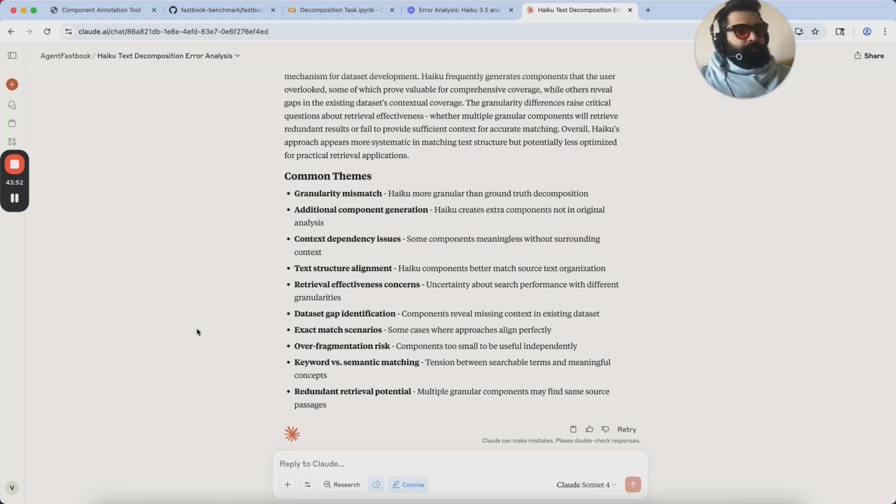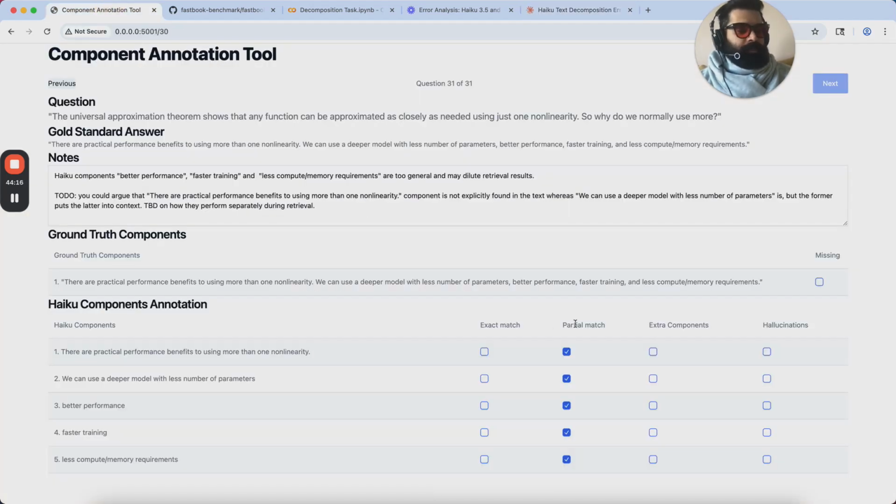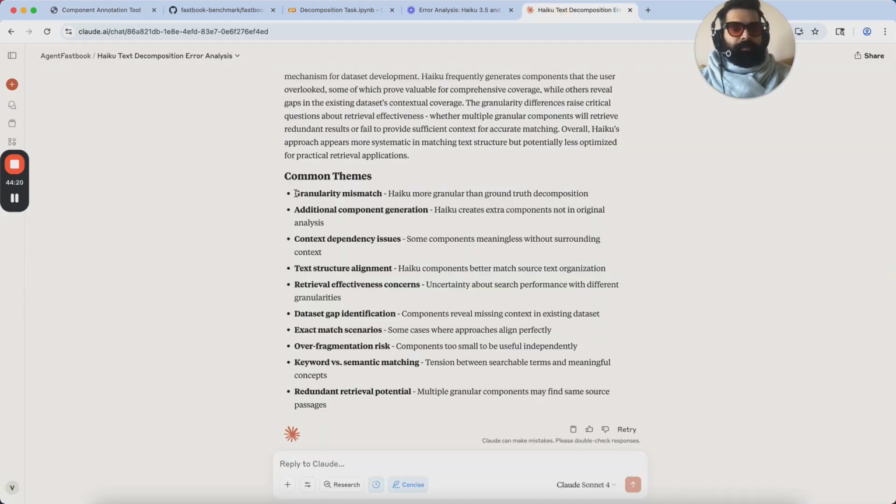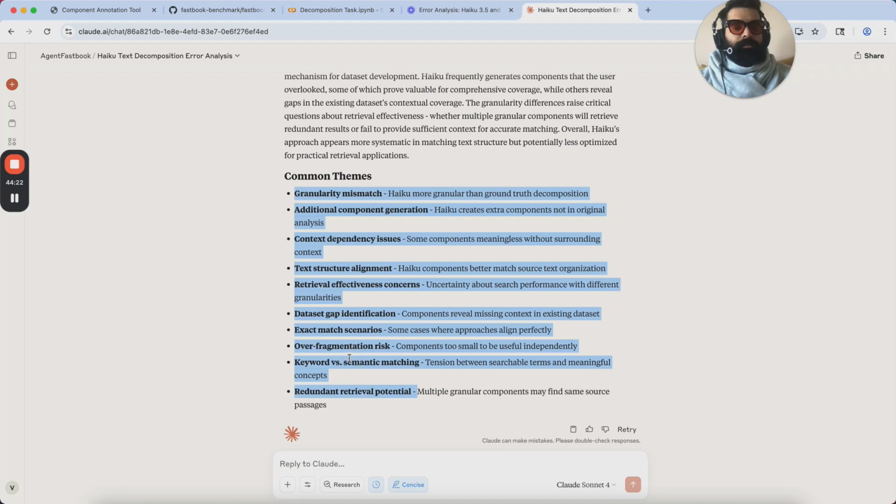So that is pretty interesting. One of the things that I was reading in Hamel's FAQ on error analysis said that doing error analysis is what should inform your metrics, right? So right now, I have exact match, partial match, extra components, hallucinations. But I think this is now getting closer to what I'm actually trying to capture, right?